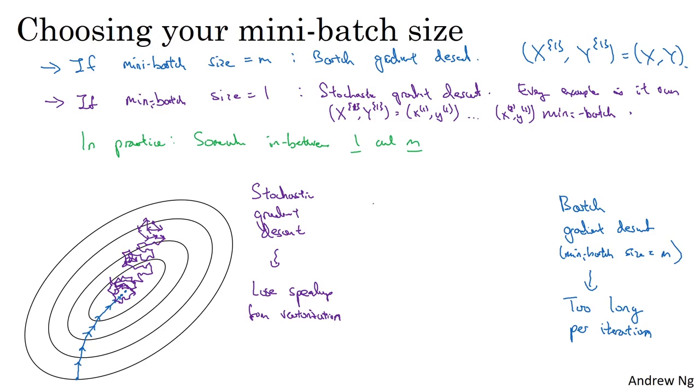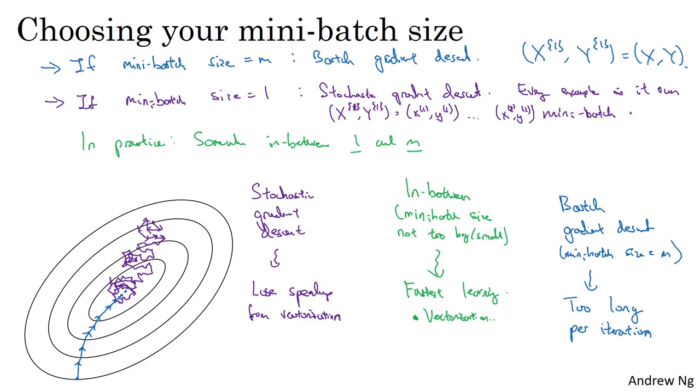So what works best in practice is something in between, where you have some mini batch size that's not too big or too small. And this gives you, in practice, the fastest learning. And you notice that this has two good things going for it. One is that you do get a lot of vectorization.